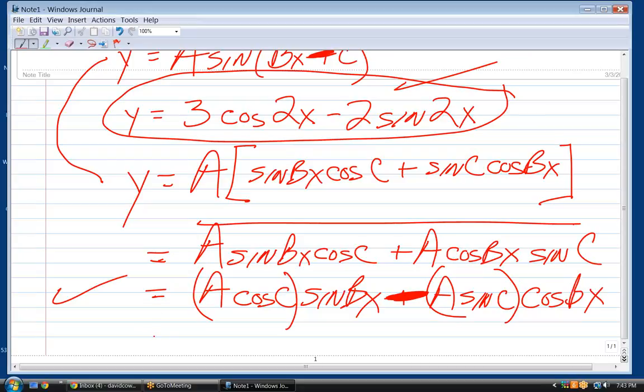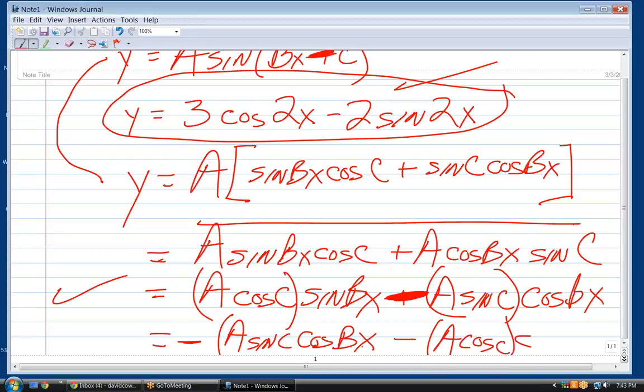Now, that is the same as the negative of this. I can now put a negative sign out front, and what I now have is A sine C cosine bx minus A cosine C sine bx. You see how I get to that step?